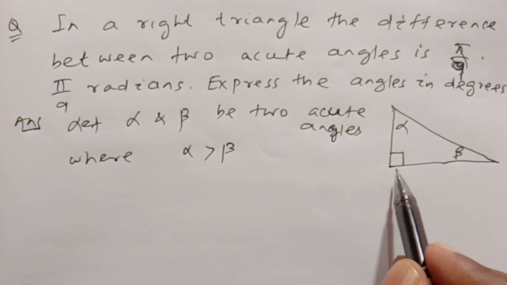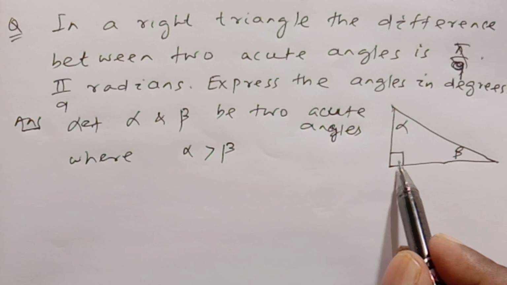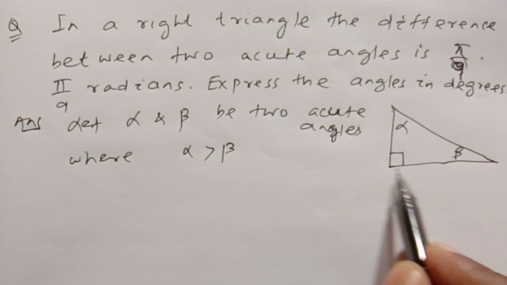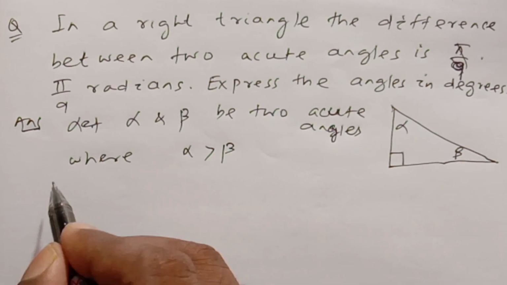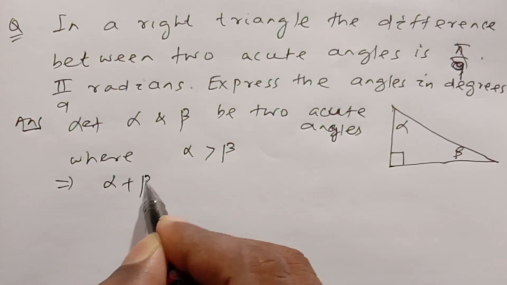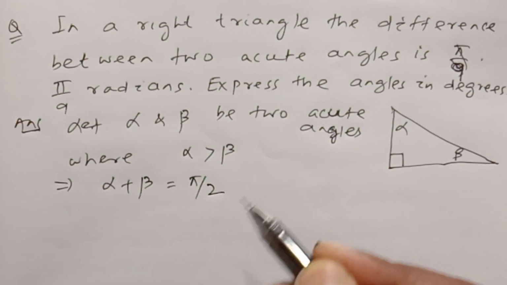Now this angle is pi by 2. The sum of 3 angles is 180 degree. Now after this right angle, alpha plus beta, which implies alpha plus beta is pi by 2.